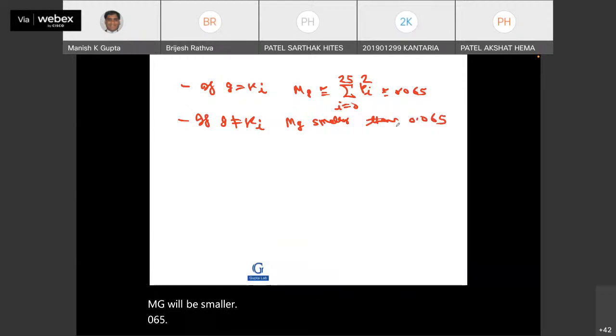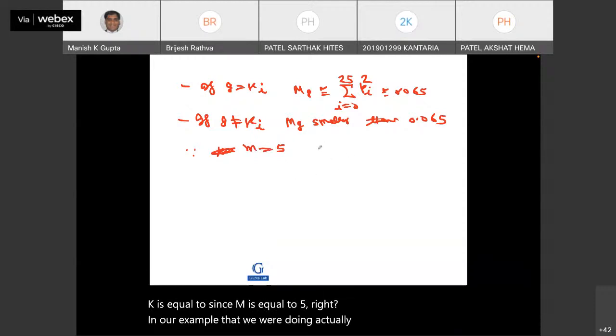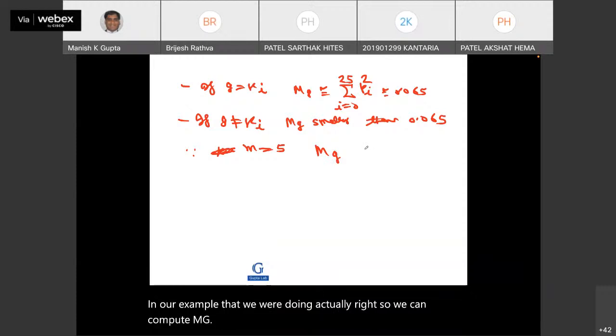Okay, so now in our example, since m is equal to 5, right, we can compute Mg for 1 ≤ i ≤ 5.